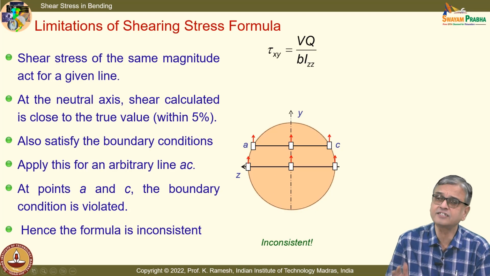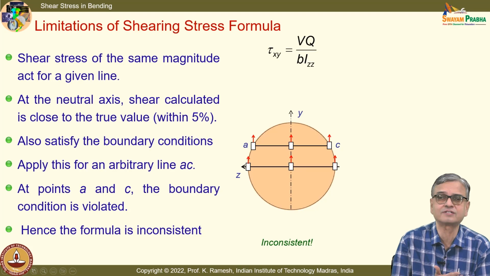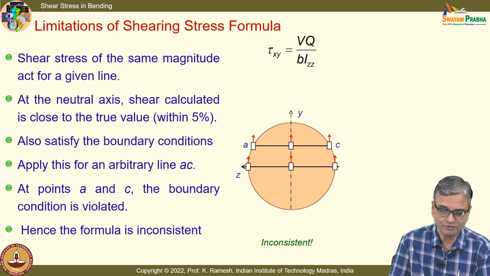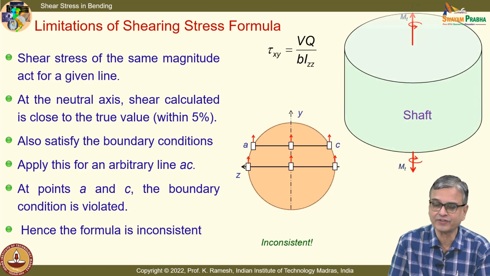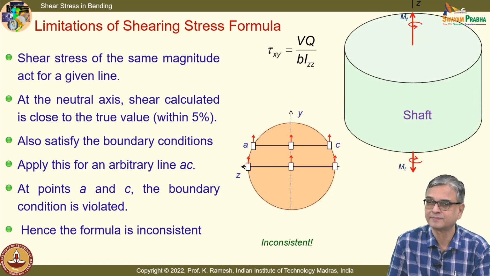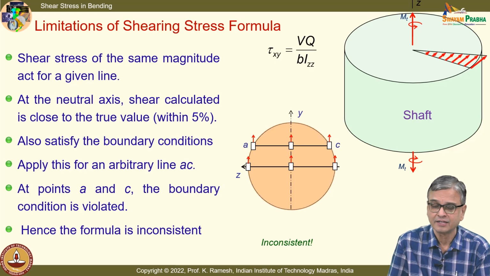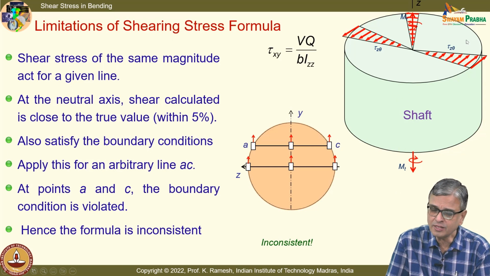What is the other situation that you have come across, shear transmitted by a shaft? You have seen what happens in the case of a twisting moment. In the twisting moment, you have shear stress varying from maximum at the outer boundary to 0 at the center, and this happens all around the periphery.